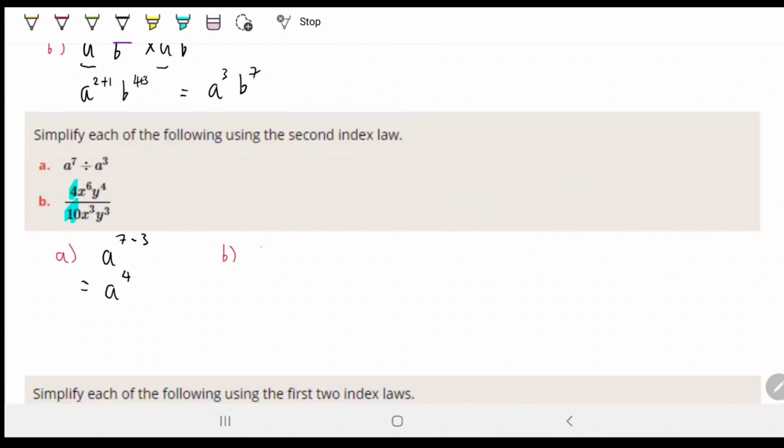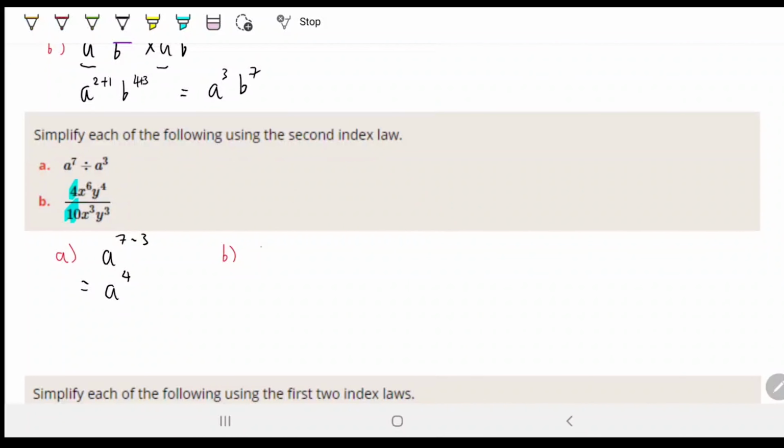And then y to the power of 4 divided by y to the power of 3, we can take those away as well. So that becomes y, just y. Remember, y to the 4 divided by y to the 3 gives us y to the 4 minus 3, which is just y. Okay? So our final answer for this one will be 2x to the power of 3y divided by 5.